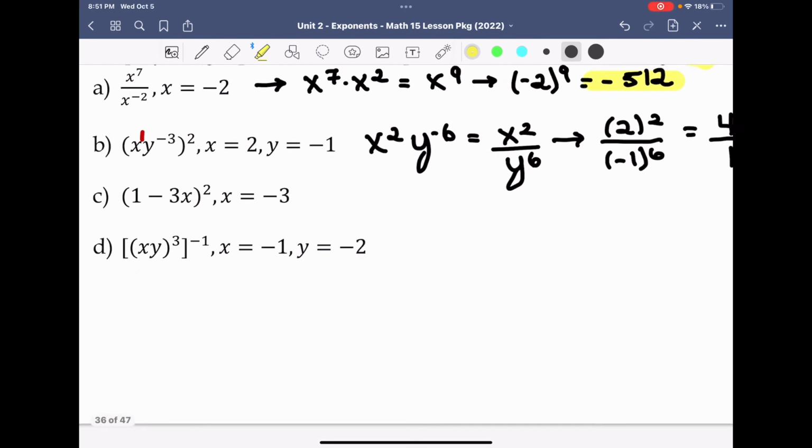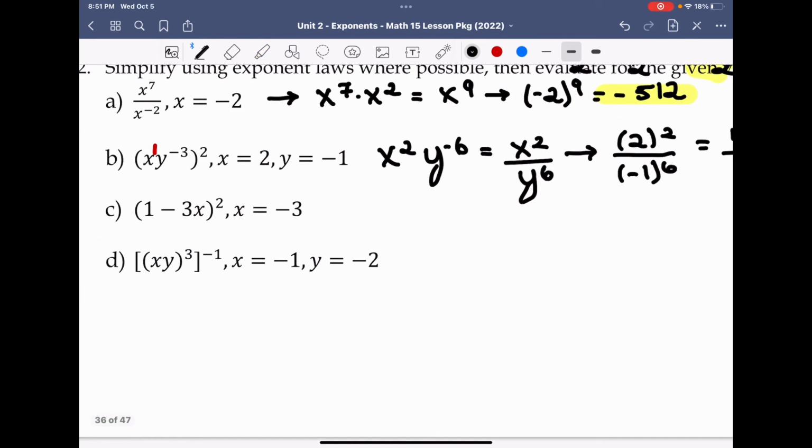All right, we got 2 left here. So I have 1 minus 3x squared. In this case, there's nothing we can do to simplify the interior. I can't combine 1 and this negative 3x together. So what I'm going to do is substitute right away. So I have 1 minus 3, in brackets, I'm going to put x equals negative 3, bracket squared.